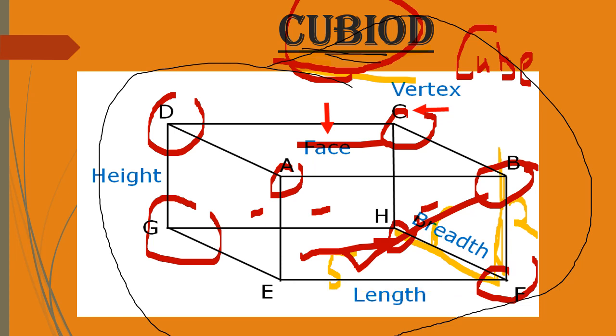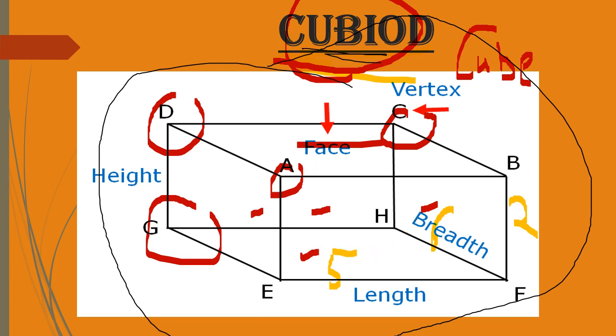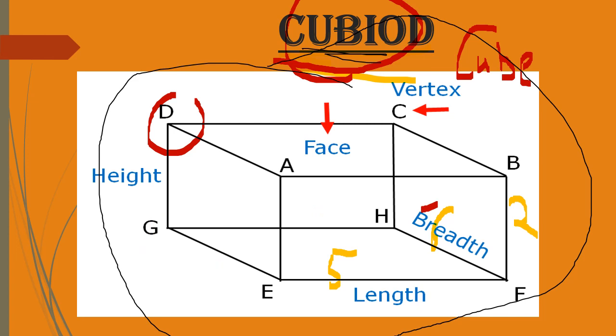Other things are the same, but only length, breadth and height are different. If height, length and breadth are the same, a cuboid will become a cube. I told you about it. I hope you understand about cube and cuboid now.